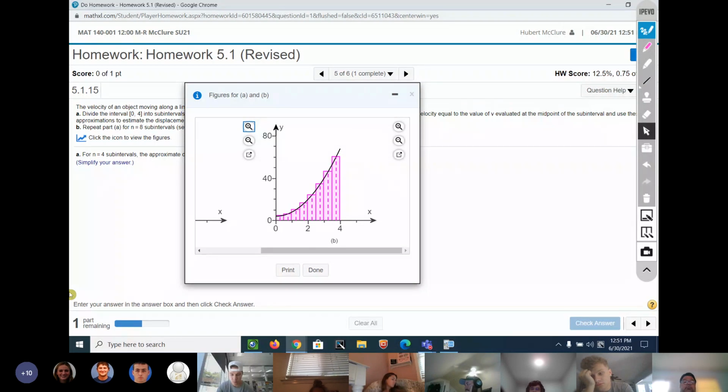The next one, I'll have to take my line out. So the next one, that looks like right at 10. What does that one look like? Maybe 18.